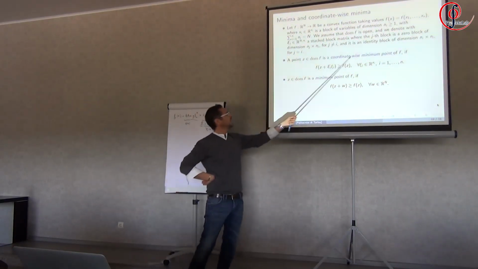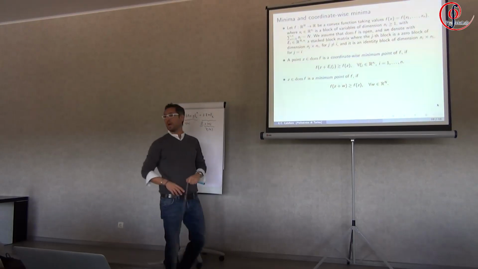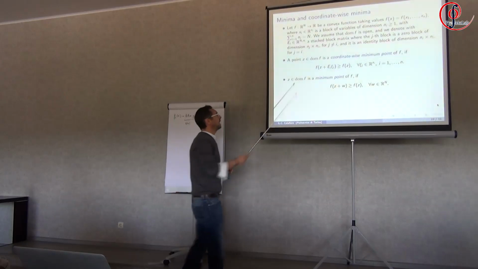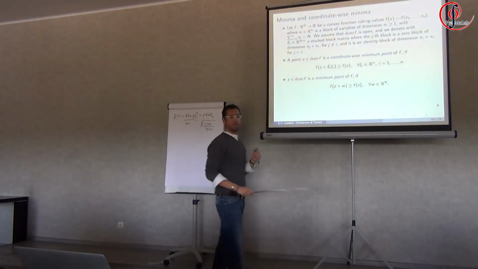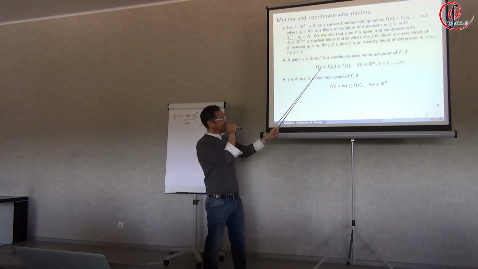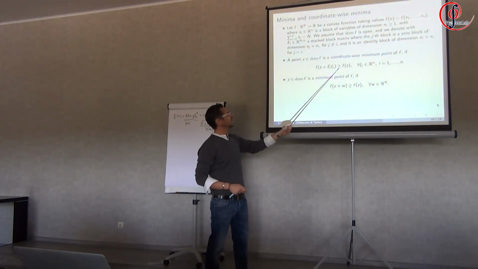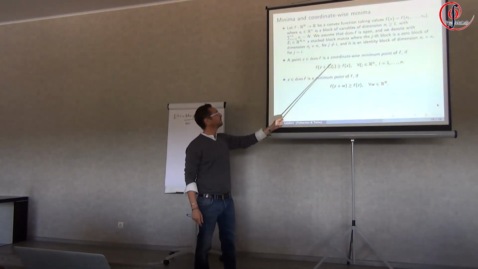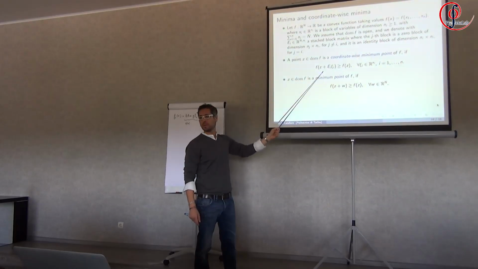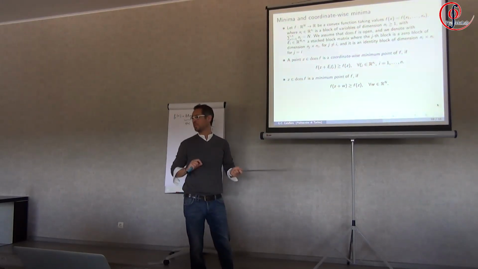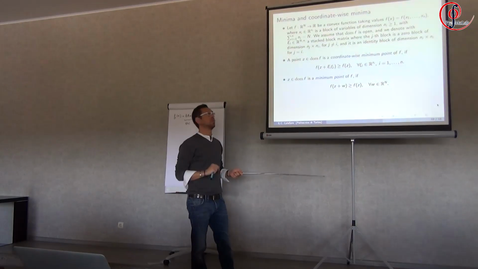And here we have the definition of what we call the coordinate-wise minimum point. What is a coordinate-wise minimum point? Well, a point is coordinate-wise minimum if something similar to this holds, so f(z + something) is greater than or equal to f(z) for all xi, but now we are perturbing z only over the ith block of coordinates or over the ith coordinate.